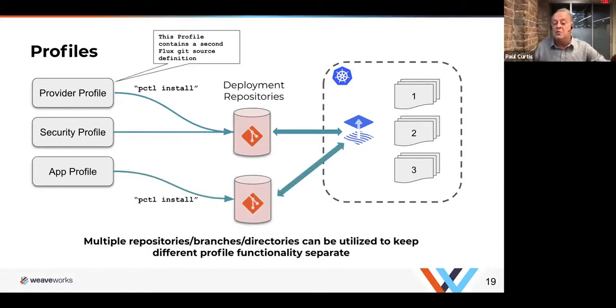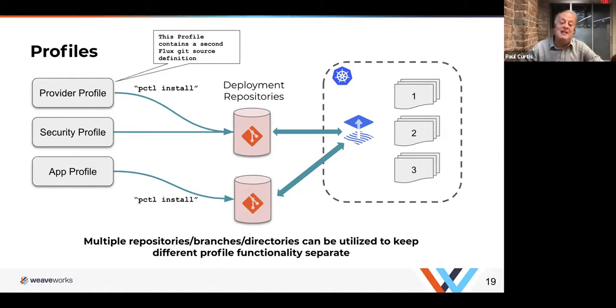Now, what happens when you want to split these things up? Right, so we said you could do nested profiles. So in this particular example, Flux in the cluster might be monitoring more than one deployment repository. And due to security concerns, the provider and security profiles are maintained by one team, and they have right to those Git repositories.